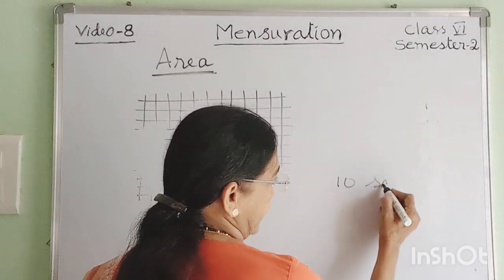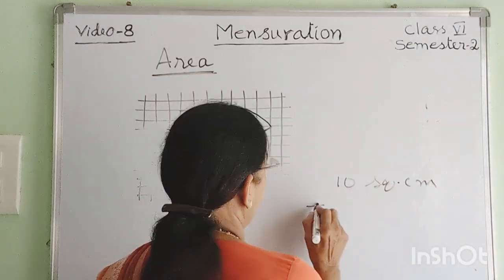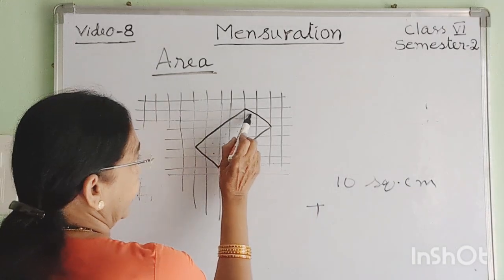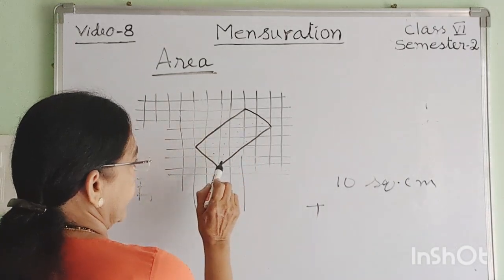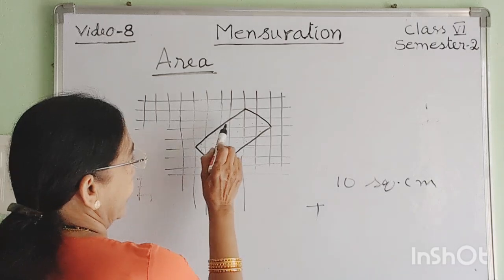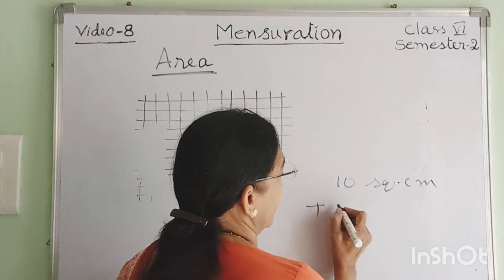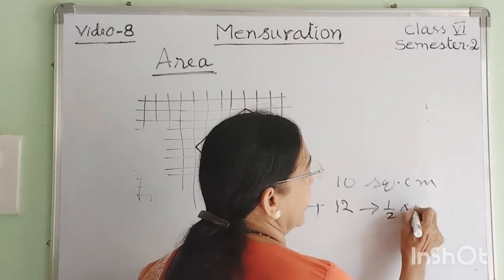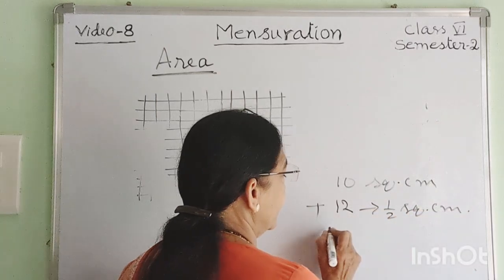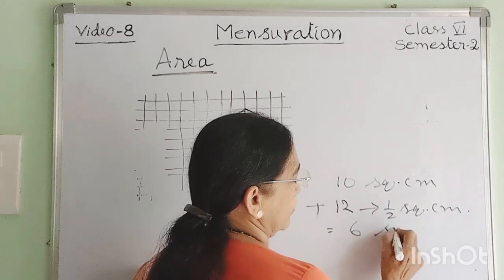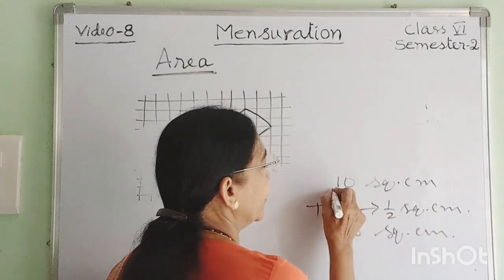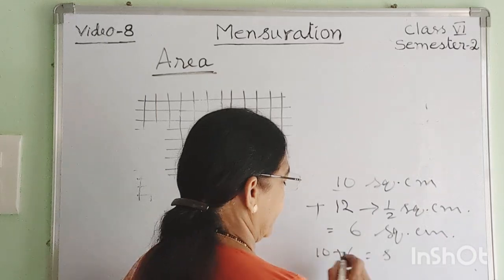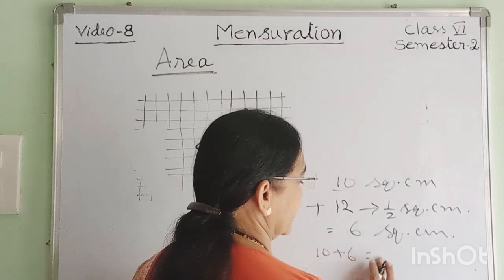Therefore, 10 square centimeters plus the half squares only. Counting: 1, 2, 3, 4, 5, 6, 7, 8, 9, 10, 11, 12. 12 half square centimeters. 12 halves are 6 square centimeters. Therefore, the total is 10 plus 6, 16 square centimeters.